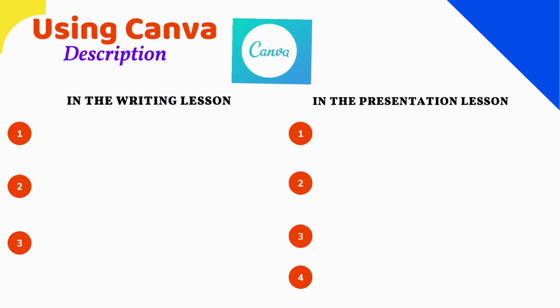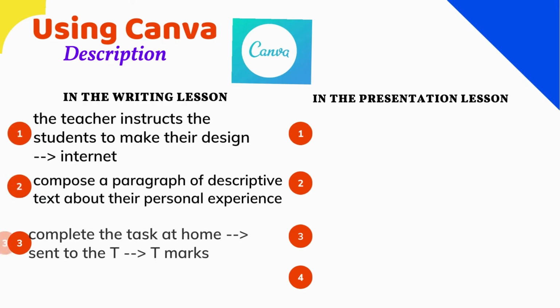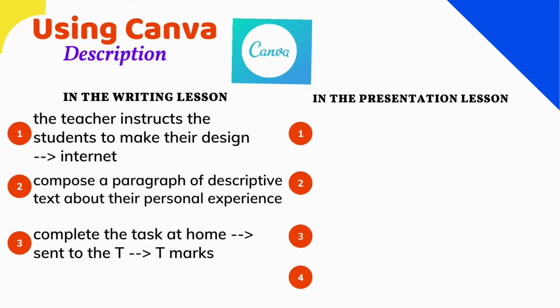And the next is the description of the procedure. In the writing lesson, first, the teacher instructs students how to make the design by using Canva, and for more information, they can use the internet for help. Following that, the students will compose a paragraph based on the teacher's requirement or the task.